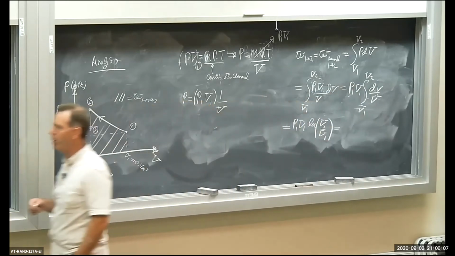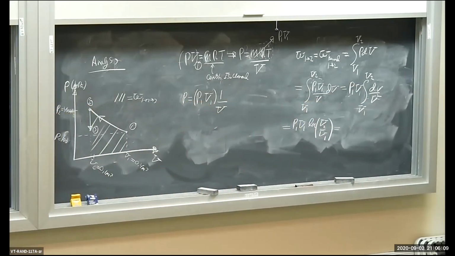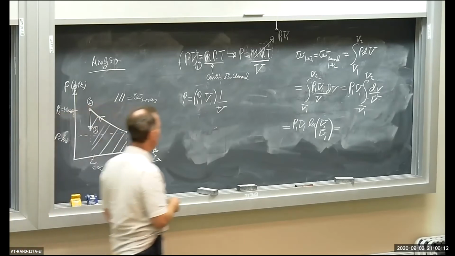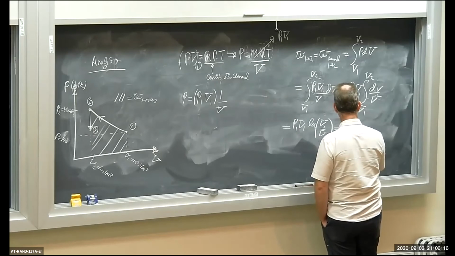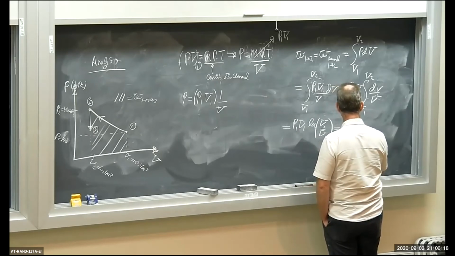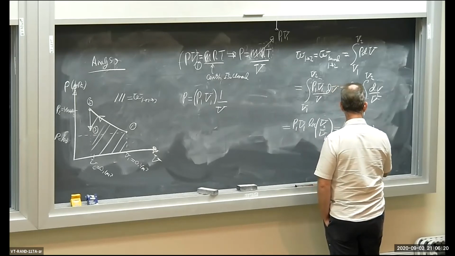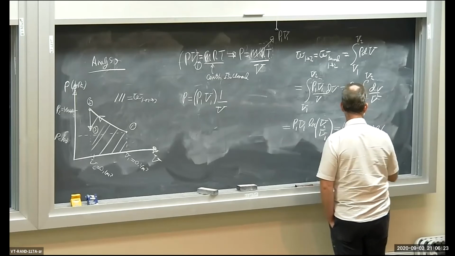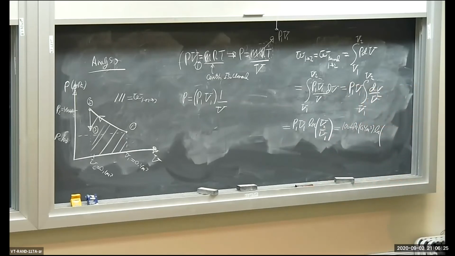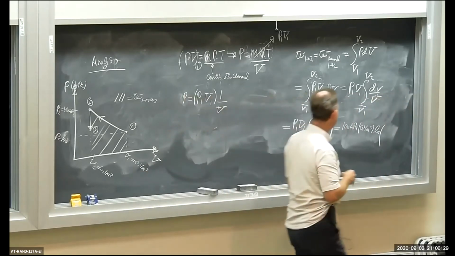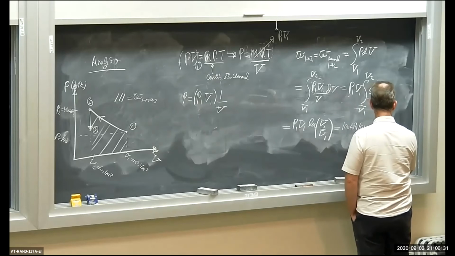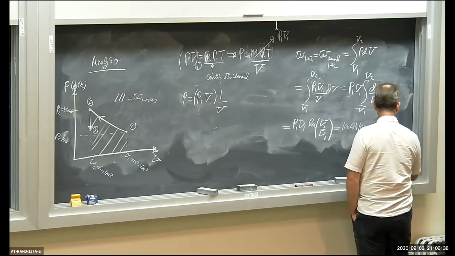Let's see here. The pressure was 100 kPa at state 1. The volume was 0.4 cubic meters, and then I've got the natural log of V2 over V1. V2 was 0.1 cubic meters, and V1 was 0.4 cubic meters.